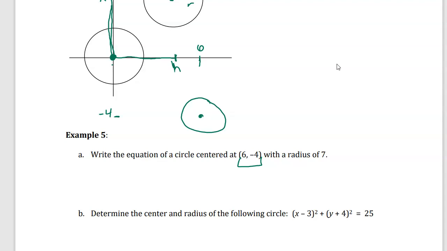So my equation of my circle would be x minus that 6 squared plus a y minus that negative 4 squared is equal to 7 squared.